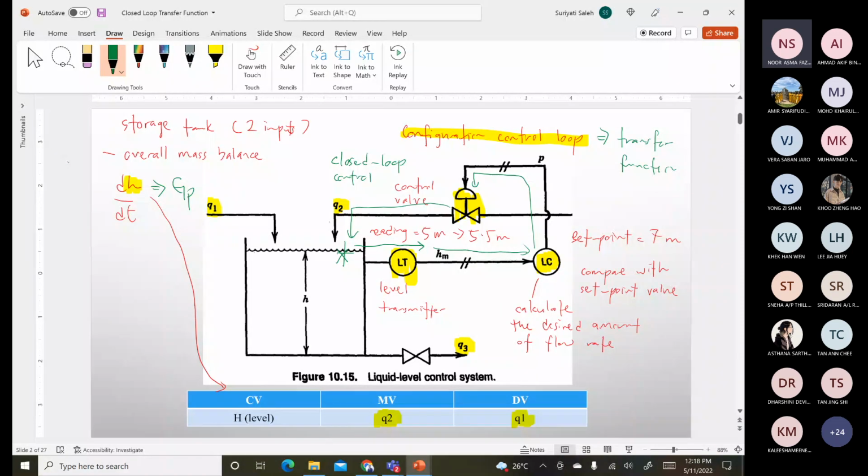Now we need to obtain the transfer function for the level transmitter, the transfer function for the controller, and the transfer function of the control valve. This is what we will investigate in this topic.